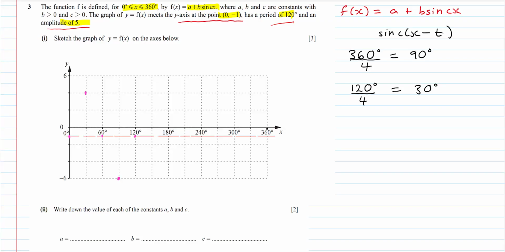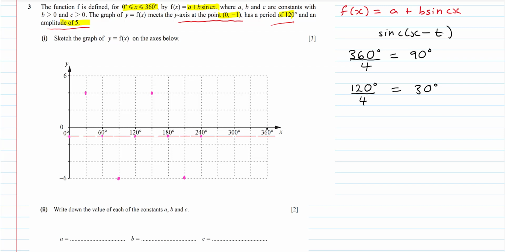So plotting the rest of our points then, well, our next maximum will be at 150 degrees and 4. And then we're back to our principal axis at 180 degrees, minimum at 210 degrees, negative 6. And then back to our principal axis at 240 degrees.